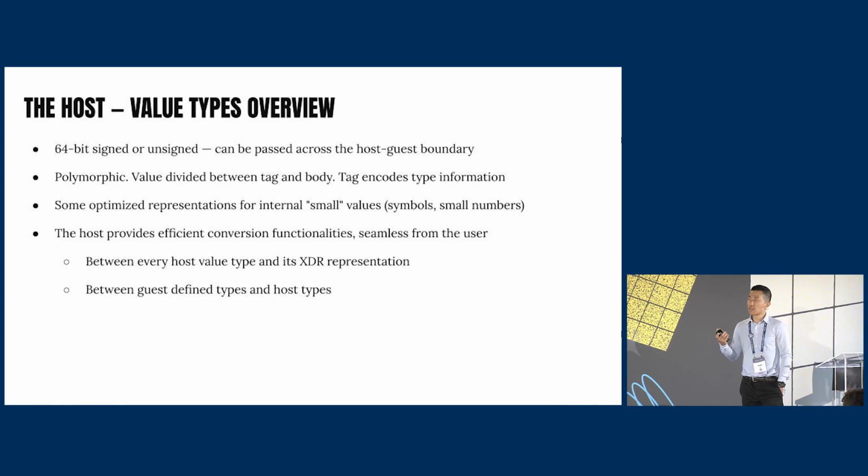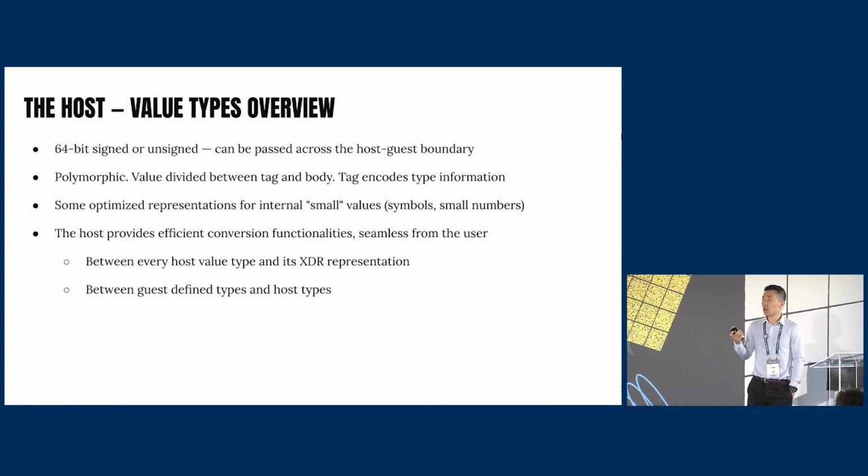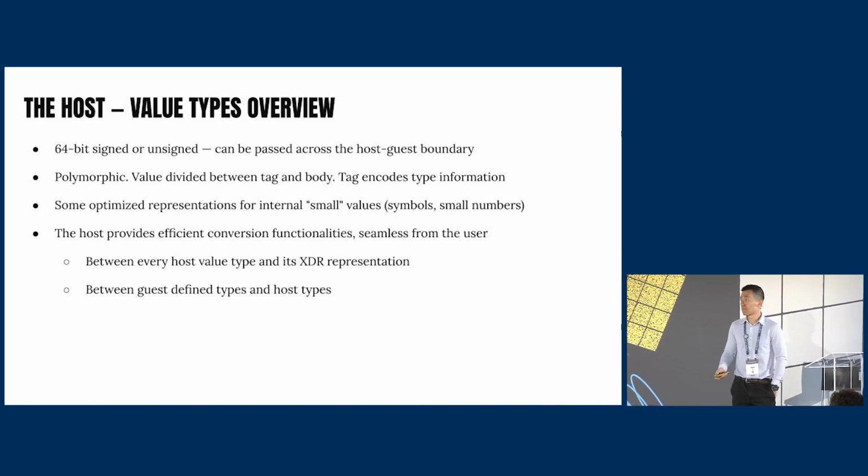And this integer, we call it Val, is polymorphic, meaning that the interpretation of this value can be different depending on the bit pattern. The value itself is divided into tag and body, and the tag information encodes the type of the value and how the body is interpreted.